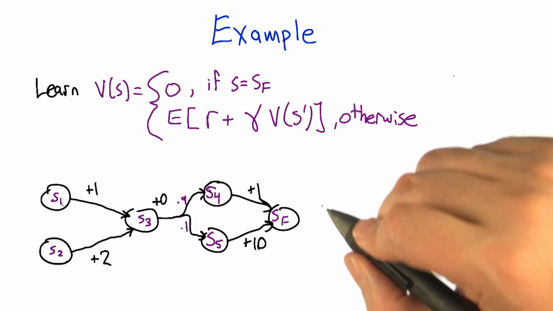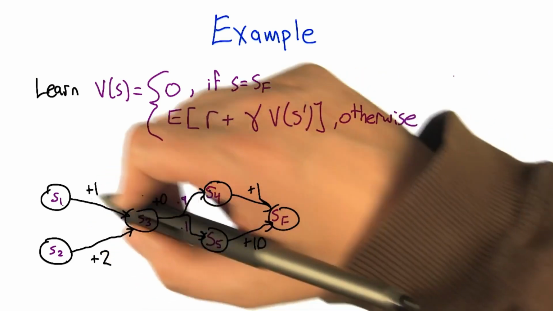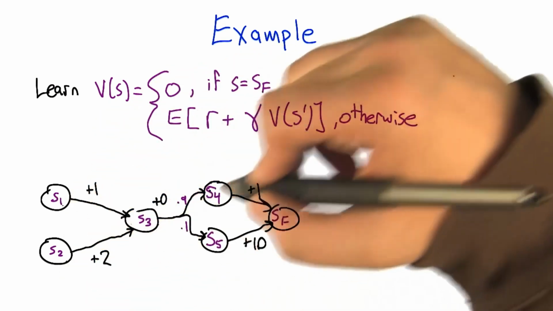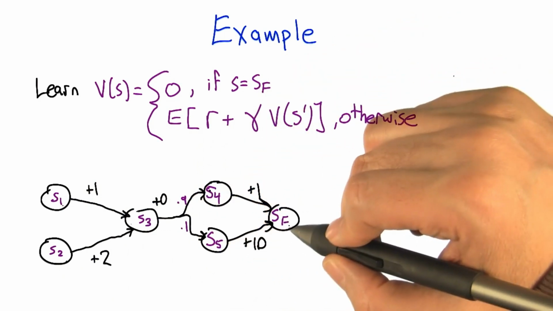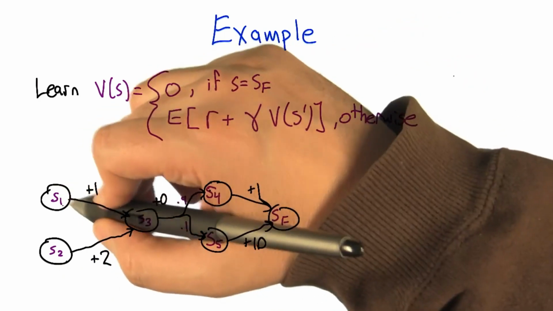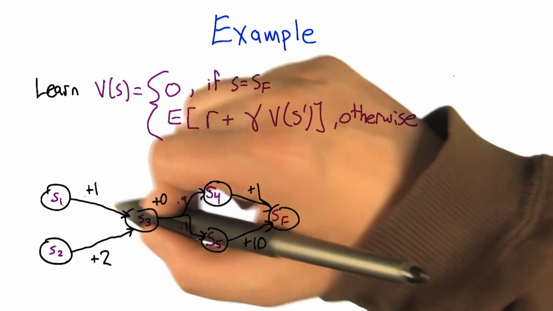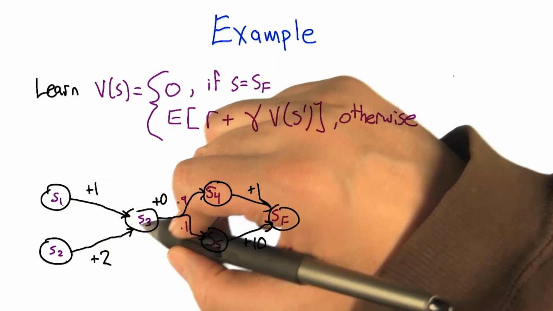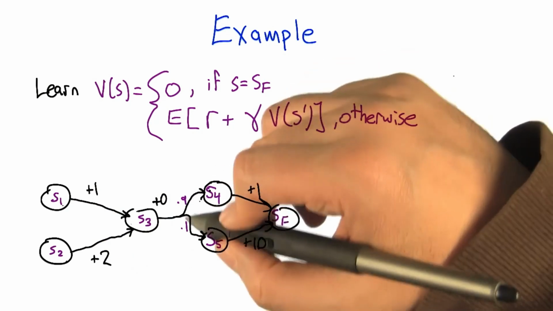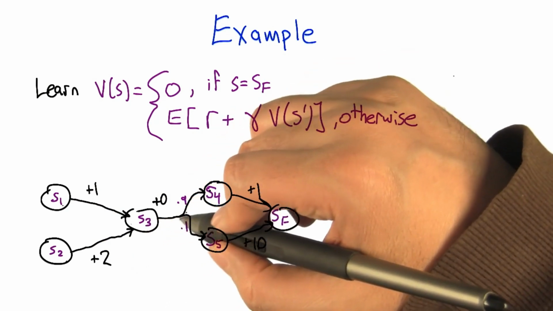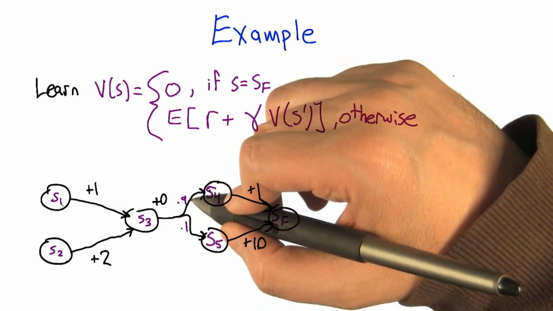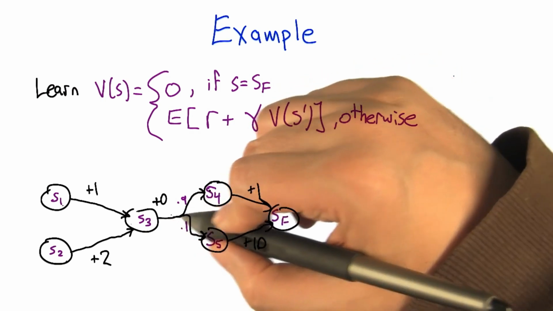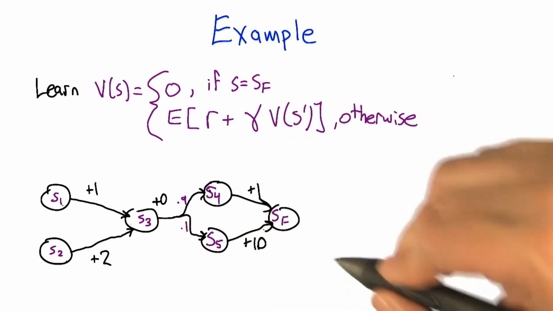So here, let's take a Markov chain with states S1, S2, S3, S4, S5, and SF for the final state. I've labeled each of the transitions with the reward that happens when you make a transition to the next state. And this particular transition out of S3 is actually a stochastic transition, with 90% probability going to S4 and 10% probability going to S5.